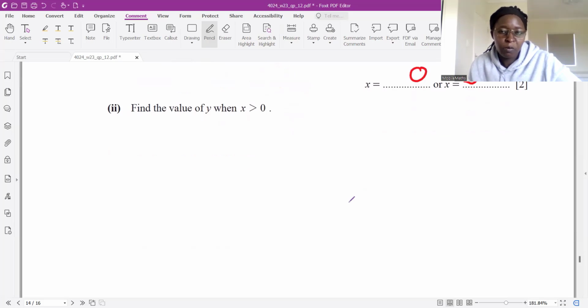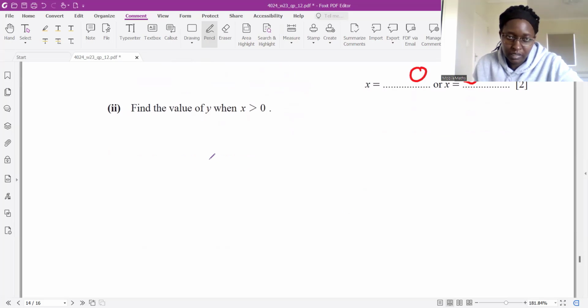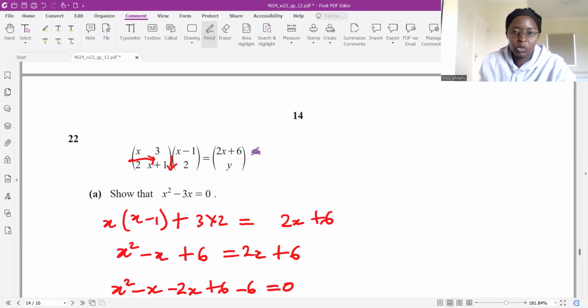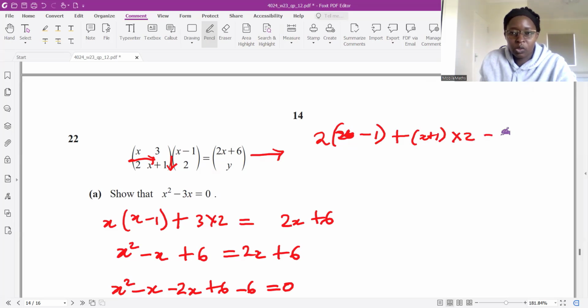Find the value of y when x is greater than 0. The value of y here, I'm going to work it out here. We have 2 by x minus 1 plus x plus 1 by 2 is equal to y.